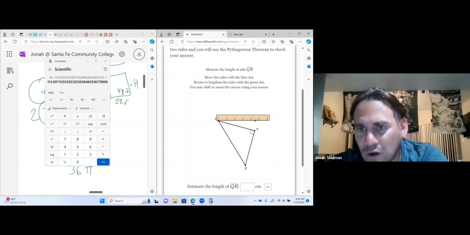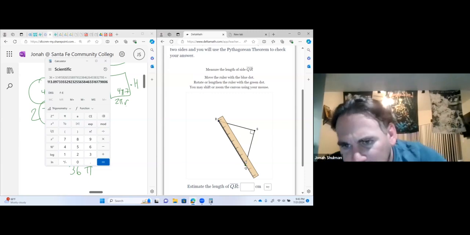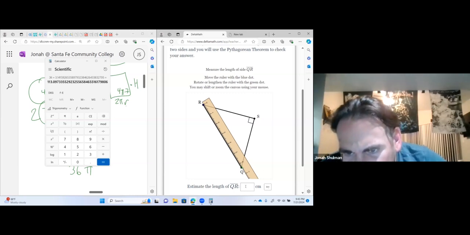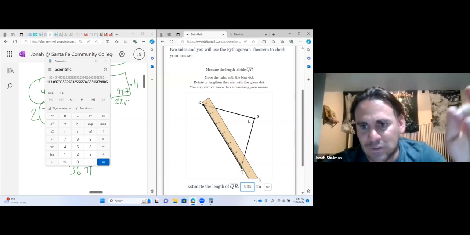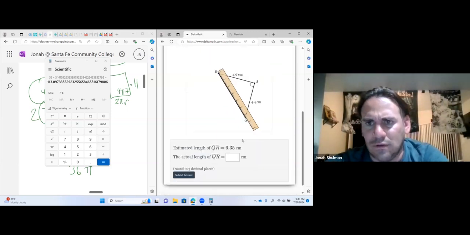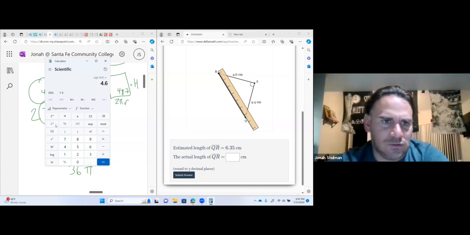Here's R. Here's Q. The estimation is 6.123, 6.35. I'm assuming they're going to have us do it. Okay, and that's the hypotenuse, so 4.4 squared plus 4.6 squared. We take the square roots.